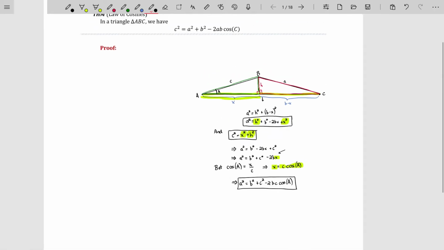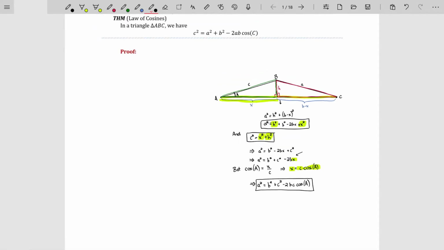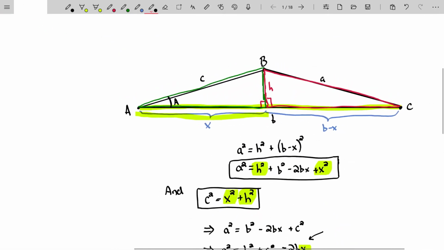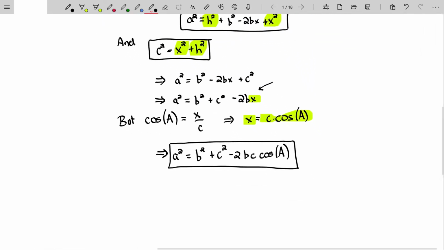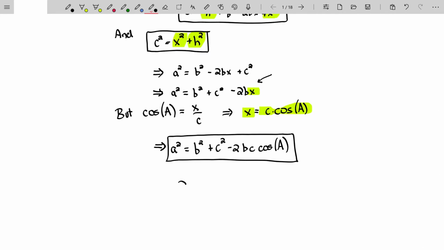Yes, I understand that in our theorem up above, I have it as C squared is equal to A squared plus B squared minus 2AB cosine of C, but I could just move these letters around any which way I want. I can get any version of the law of cosines that I want just by moving things around. So this is actually the proof of the law of cosines, QED.